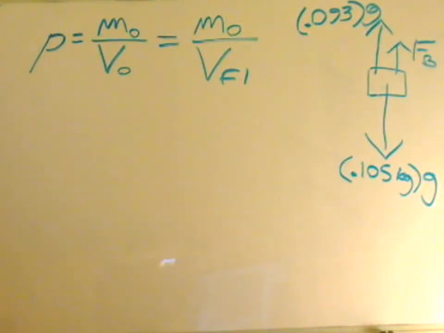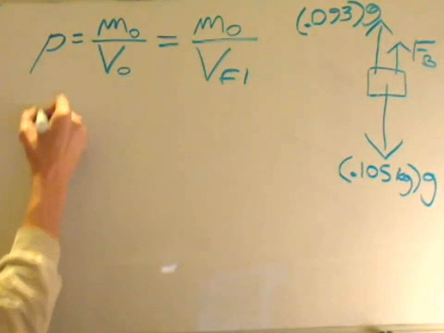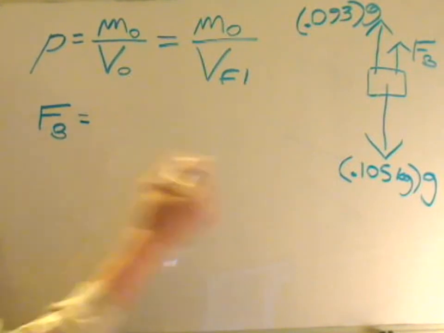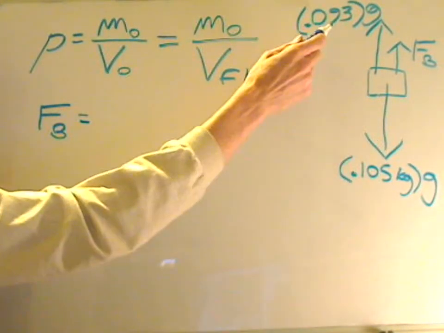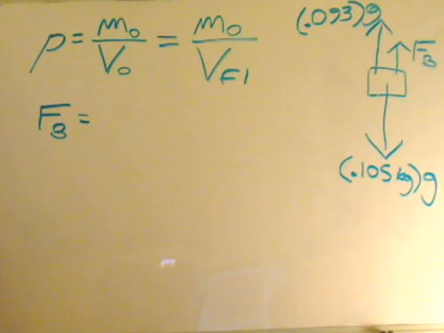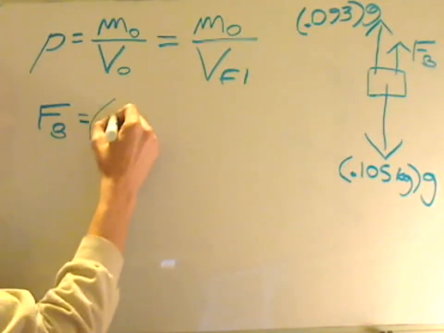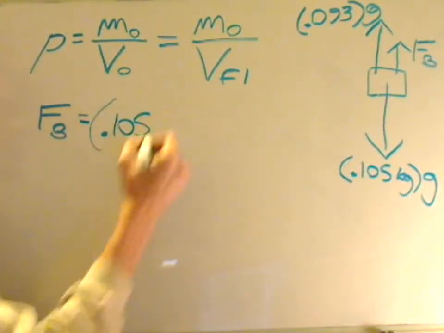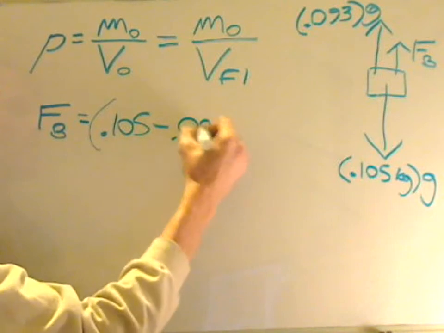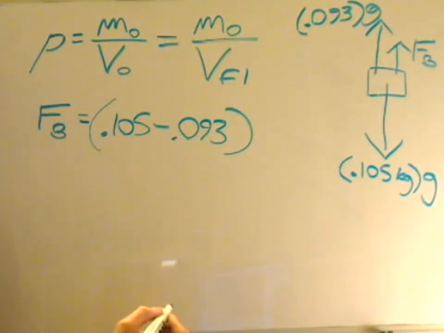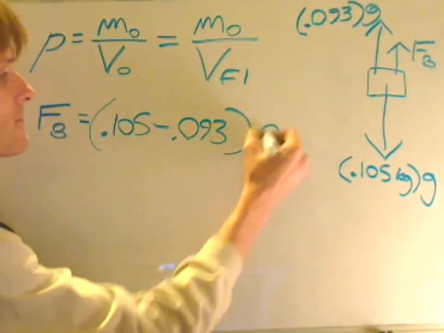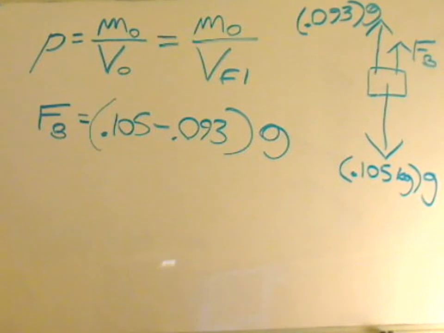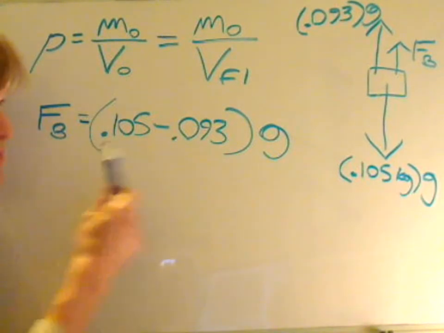So our buoyant force is this minus that. So it's 0.105 kilograms minus 0.093 kilograms, times g. Okay, so that's our calculation of the buoyant force, just based on the dynamics of the problem.